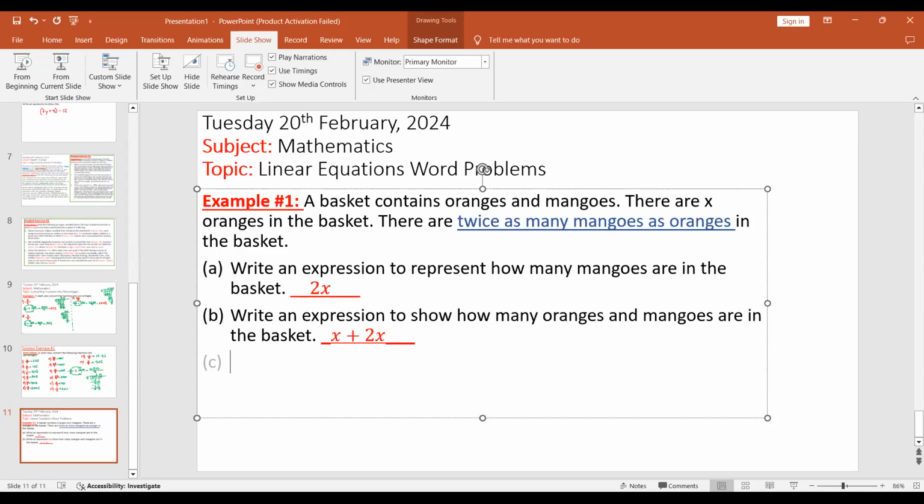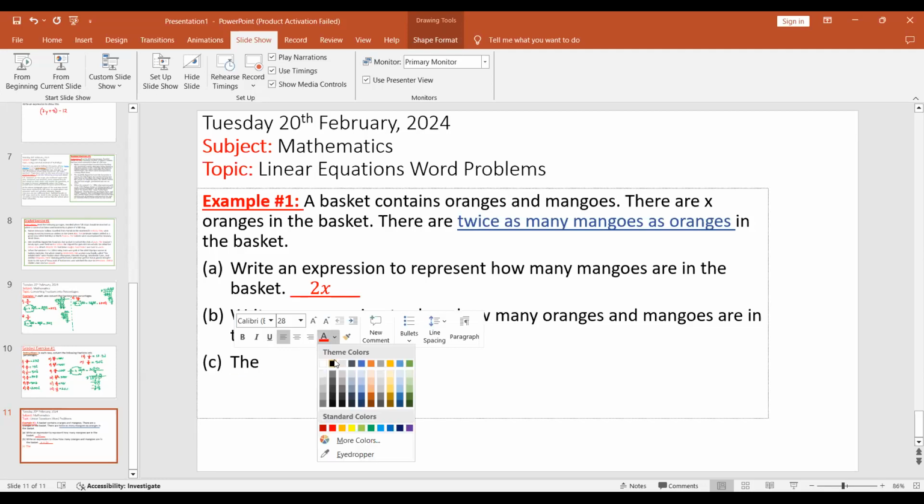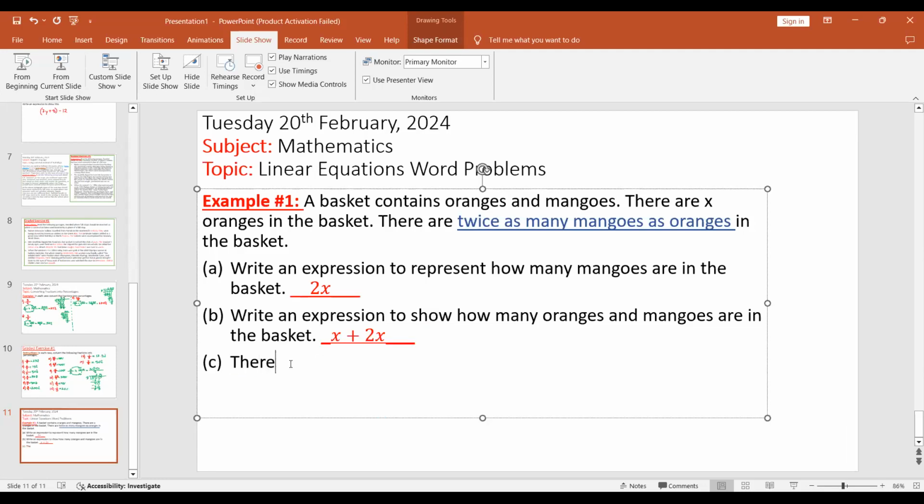Part C says there are a total of 15 oranges and mangoes in the basket.